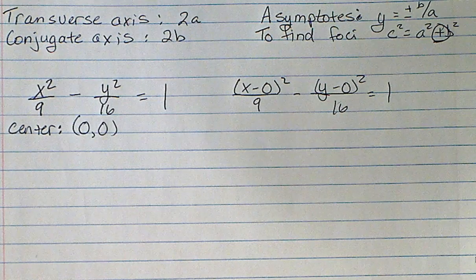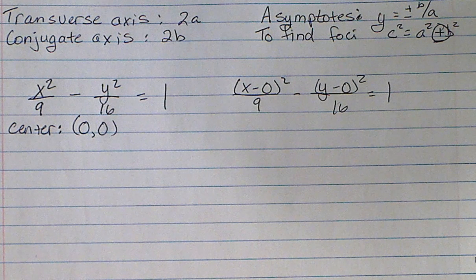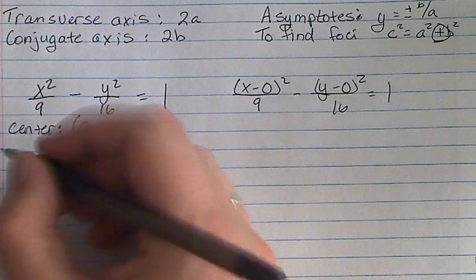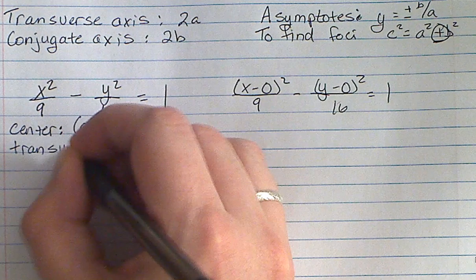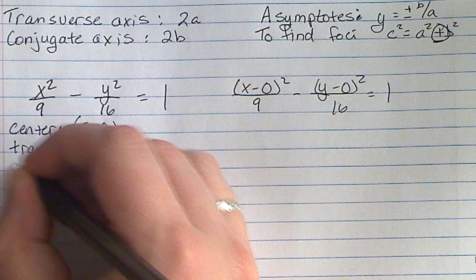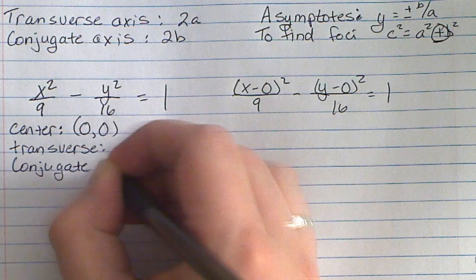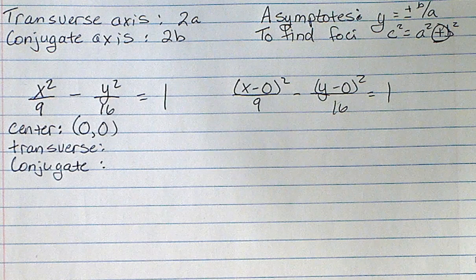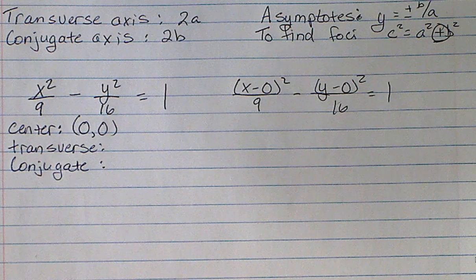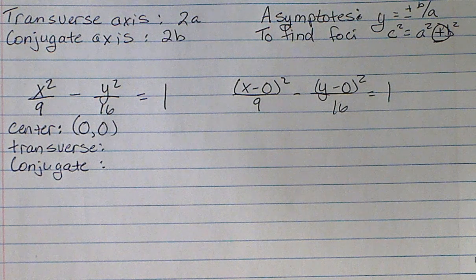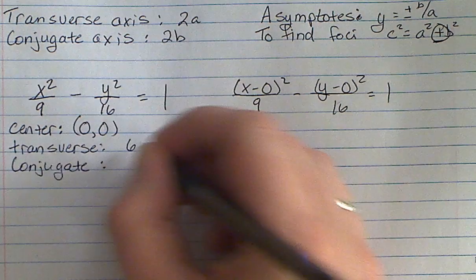The next thing that you can tell is that you can find the transverse and conjugate axis. The transverse axis is 2a. And the conjugate axis is 2b.